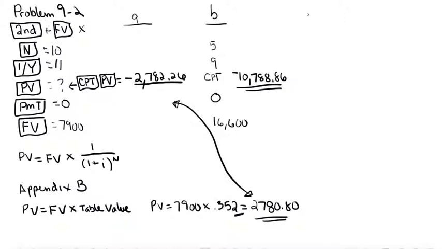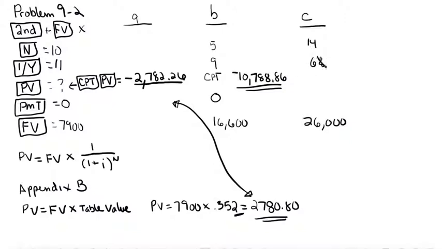And finally C. We can do the same thing with C. What's the present value of 26,000? So the future value is $26,000, the number of years, N, is 14, and IY, the interest rate, is 6%.